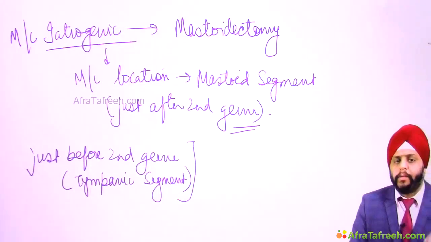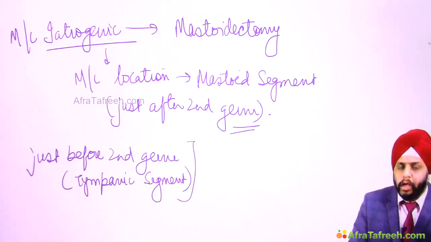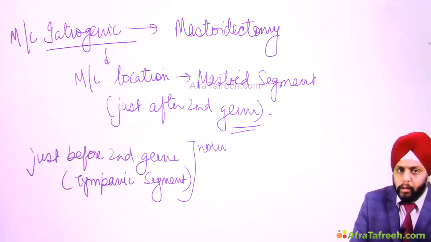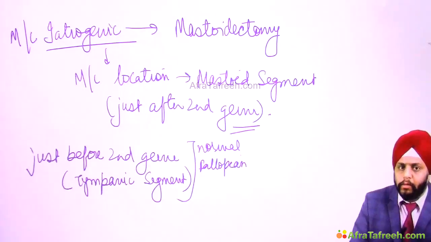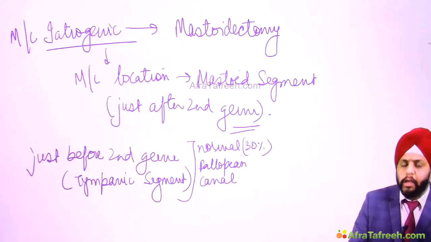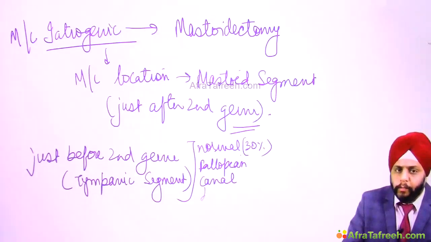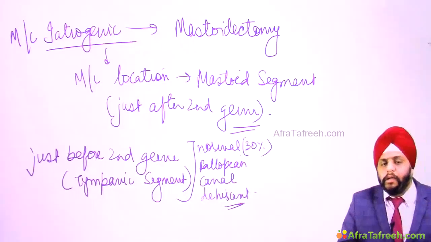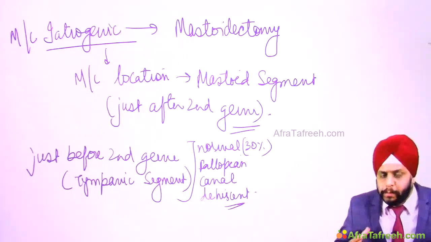Now this is the place where we have a normal fallopian canal dehiscence. Okay, so many a times approximately 30% patients may have a fallopian canal where the bony wall is dehiscent, it is absent in approximately 30% of people.